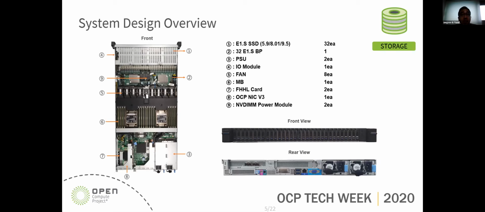So this is an overview of the system design. We just got some samples of the system. In front of the system, there is an E1.S SSD drive bay, and the system can accommodate 32 9.5 millimeter E1.S SSDs. And behind the SSDs are the connector and backplane.